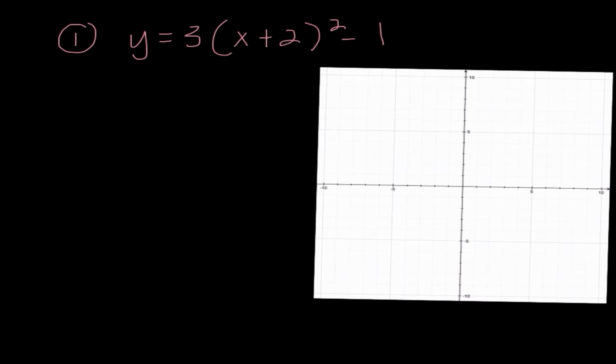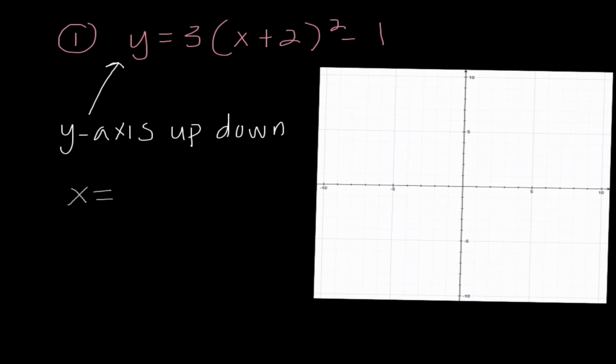What helps me is I know that if y is our non-squared variable, the y-axis goes up and down. We can see here the y-axis is going up and down. That tells me those are my only two options if it is a y equals.